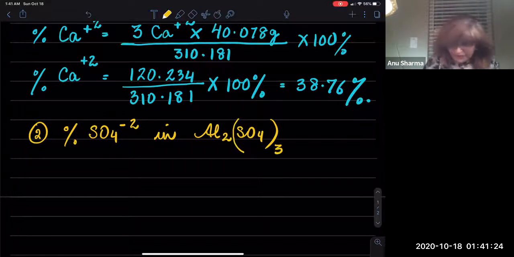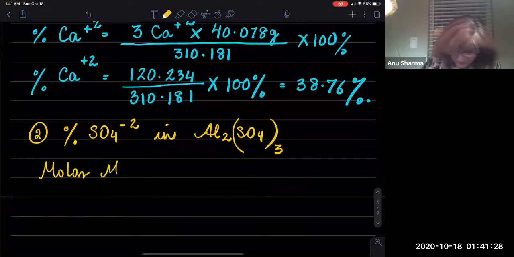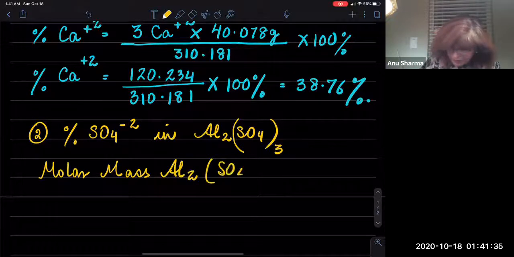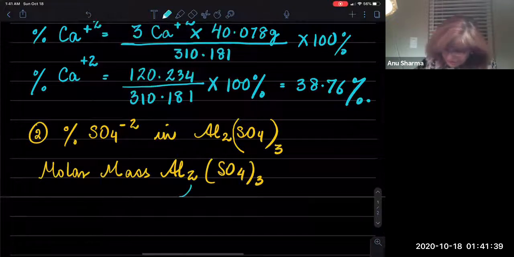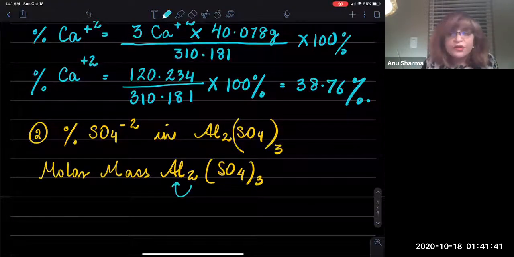Here again we are going to look at the molar mass of aluminum sulfate first. Once again, this 2 applies only to aluminum.